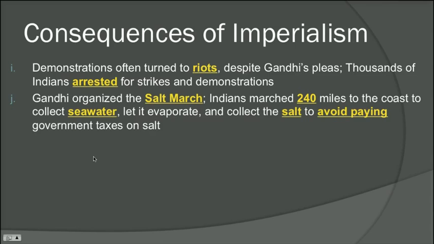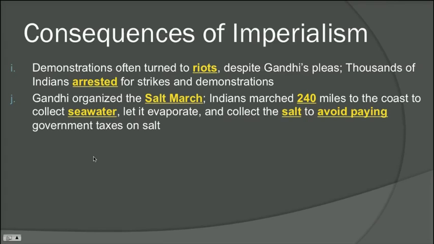But one of the more famous protests and acts of civil disobedience that Gandhi organizes is something called the Salt March. So Gandhi organized the Salt March. Basically, he and several hundred other Indians would march 240 miles to the coast to collect seawater, where they would let it evaporate, and then they would collect the salt to avoid paying government taxes on salt.